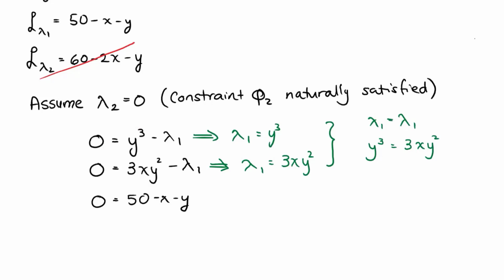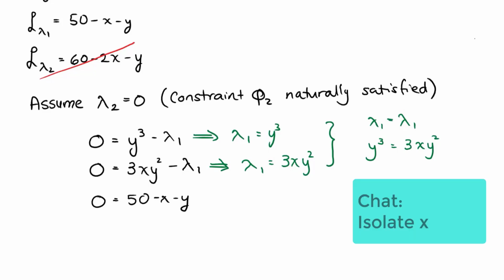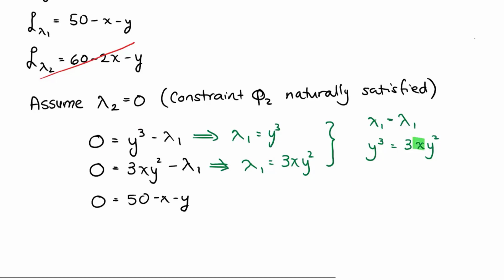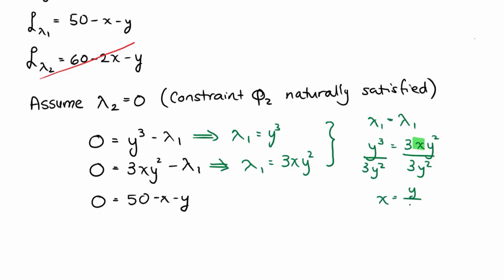Now, do you want to isolate x or y in this equation? Let's isolate x. I'm going to divide both sides by 3y squared, and I get x is equal to y over 3.